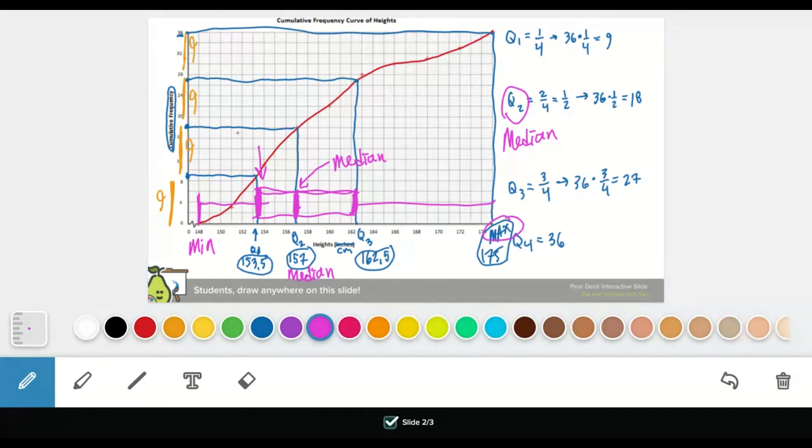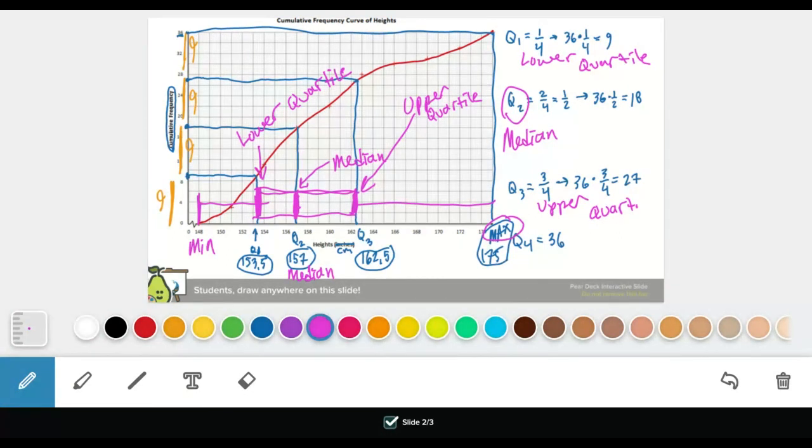This is the lower quartile, so Q1, lower quartile. And then here, upper quartile.